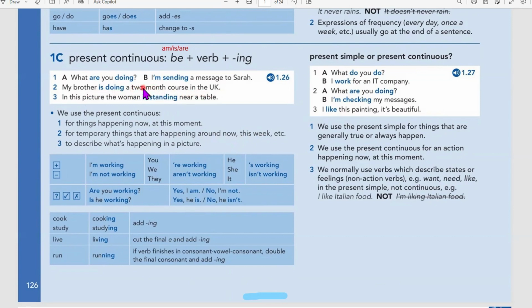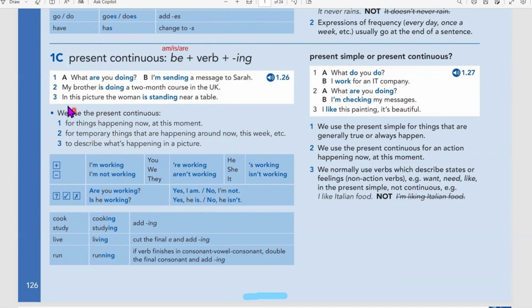You see, 2 months. It will finish after 2 months. So that's a temporary process. And that's why I'm using present continuous to talk about that. Because after 2 months, my brother is going to come back.